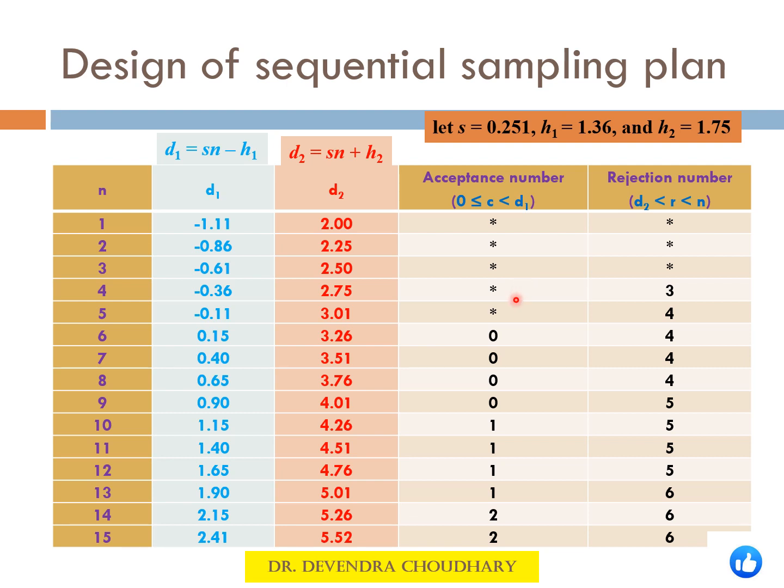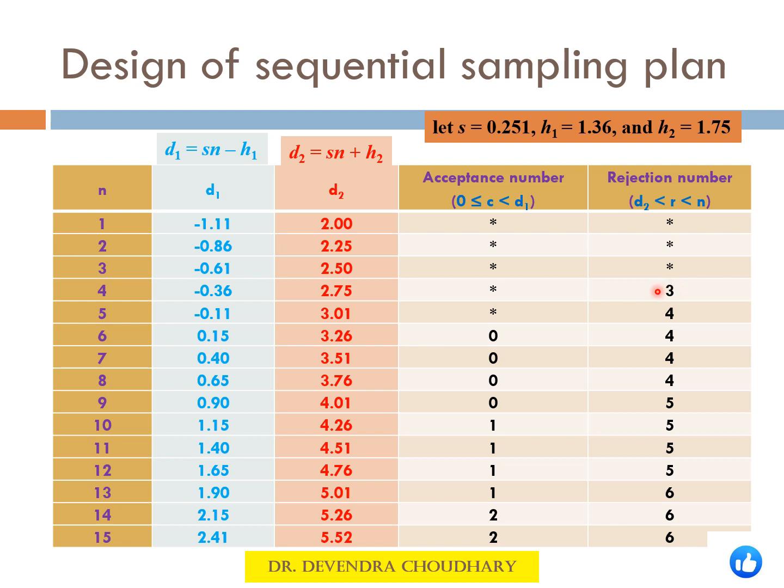We have to take more than 3 samples, and if at the fourth sample the number of defectives is less than, you cannot take a decision, since here the acceptance number is undefined, but you can reject.